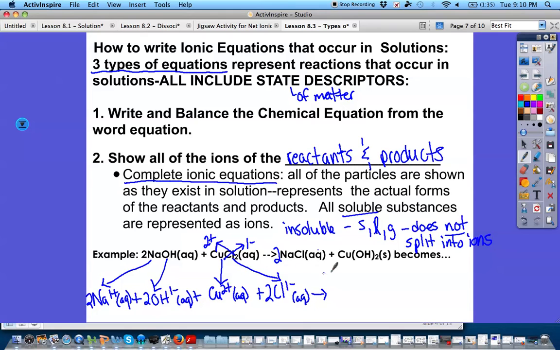And then we have 2 sodium chlorides, so we're going to have 2 sodium ions and 2 chlorine ions. And then copper hydroxide is insoluble, so we're just going to write that formula down as it is given to us.